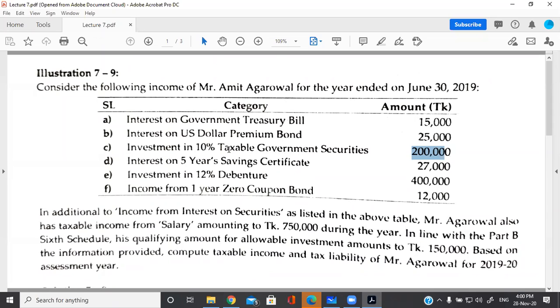Okay, but if the TDS has been mentioned, for example, in saving certificate, whether it is mentioned or not, remember, in fact, okay, let me write it down first, then I will talk about the saving certificate.